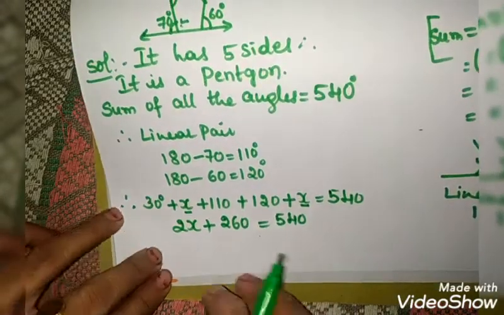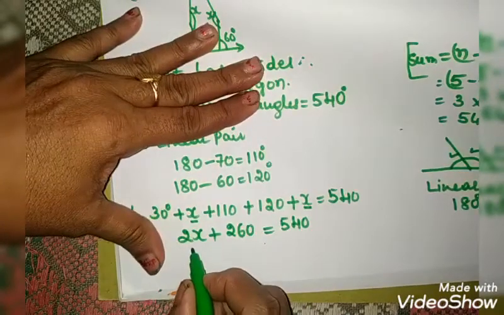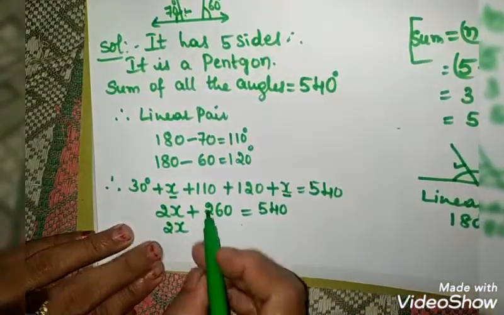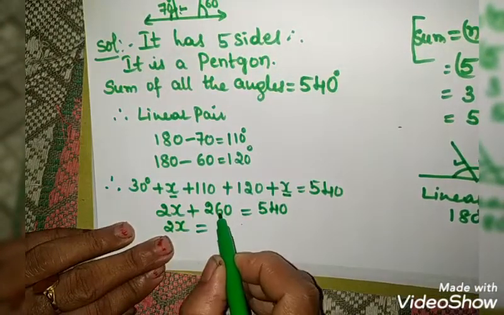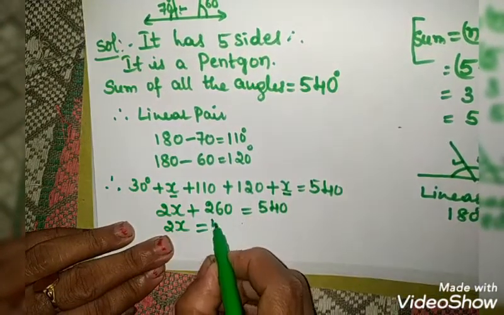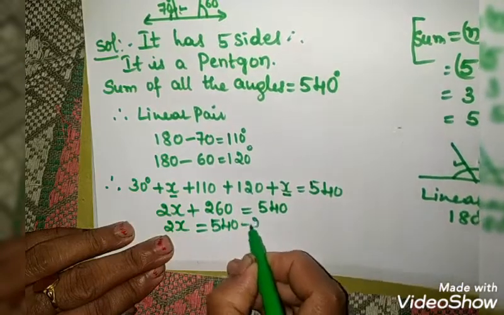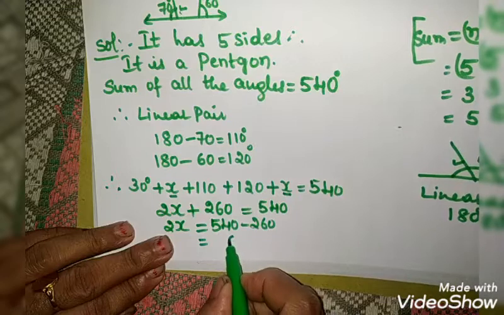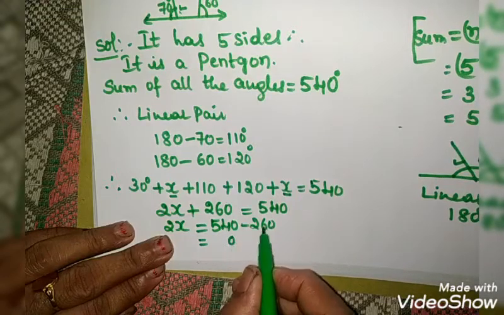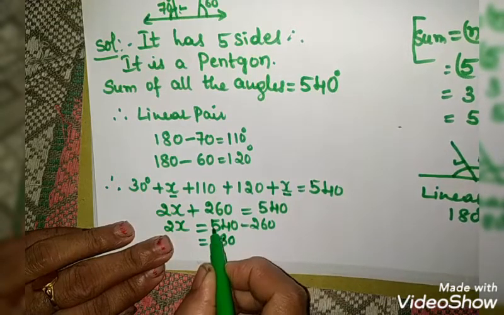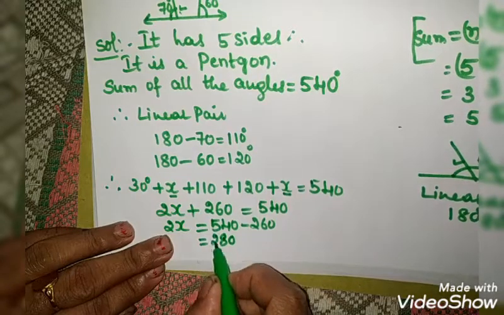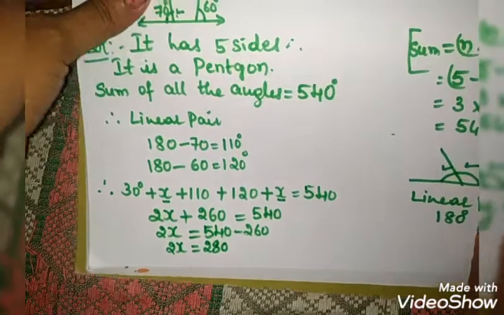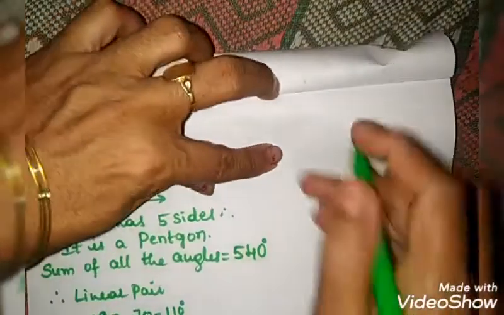Correct? Now we have to retain this 2x on the left-hand side so that we can find this. But 260 should be brought to the right-hand side. 540 minus 260. That is 0. 14 minus 6, 8. Here 4 remains. 4 minus 2, 2. 2x is equal to 280.